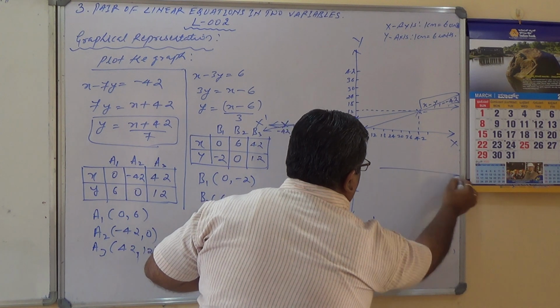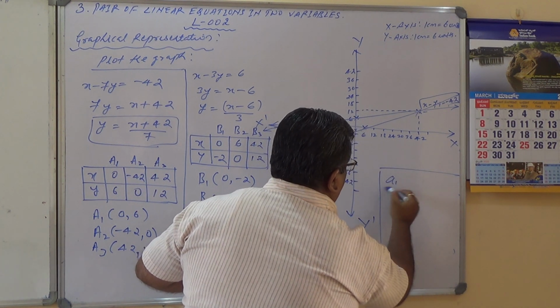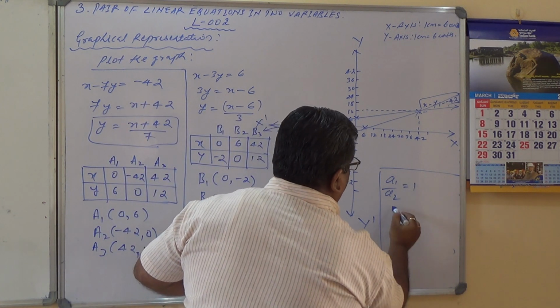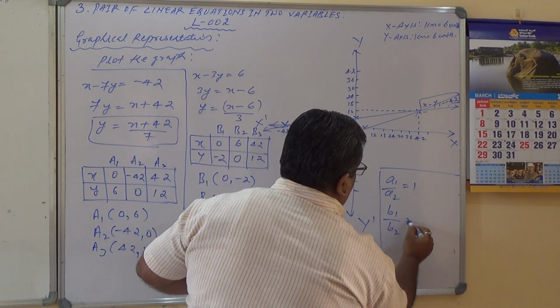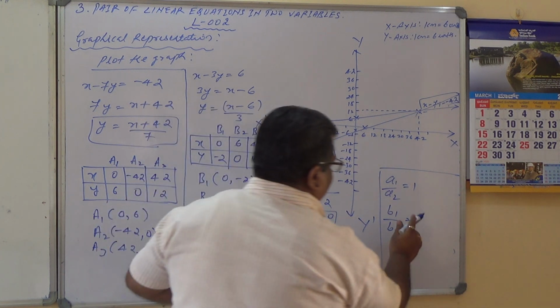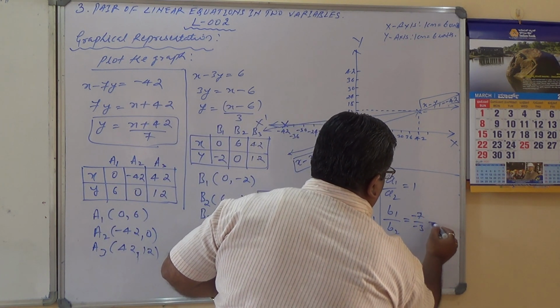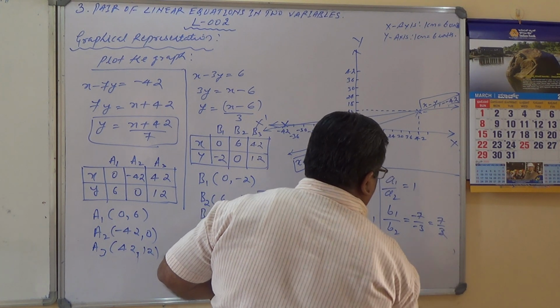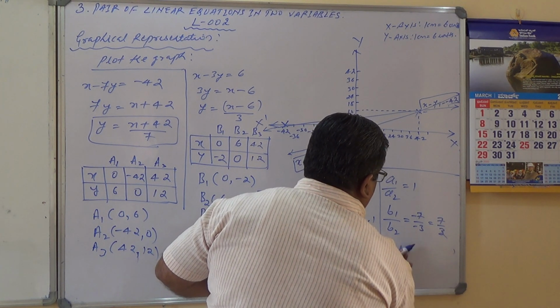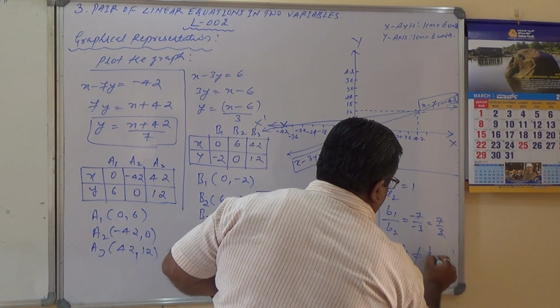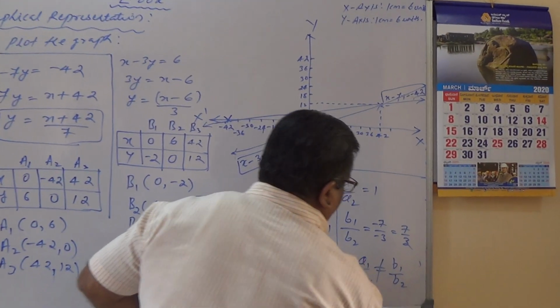Take the ratios. A1 by A2 is 1. B1 by B2 equals minus 7 by minus 3, which is 7 by 3. This implies A1 by A2 is not equal to B1 by B2.